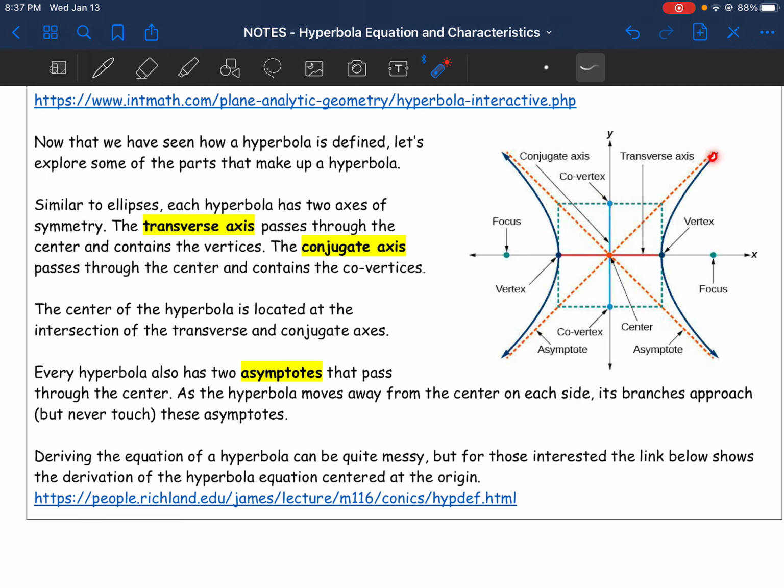And these asymptotes are what guide the curves that make the hyperbola on each side. And again, notice that the hyperbola is never touching the asymptotes, but is always approaching the asymptotes as the curves move and branch away on each side from the center. So it turns out that deriving the equation of a hyperbola can be pretty messy.